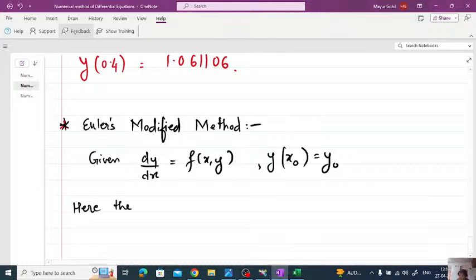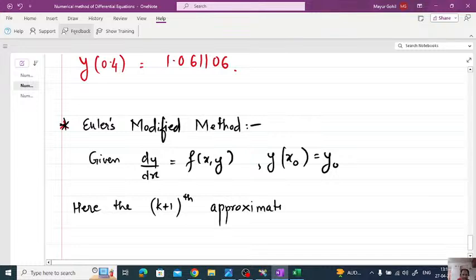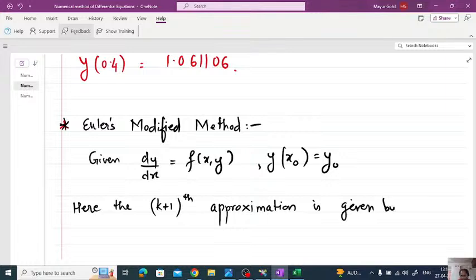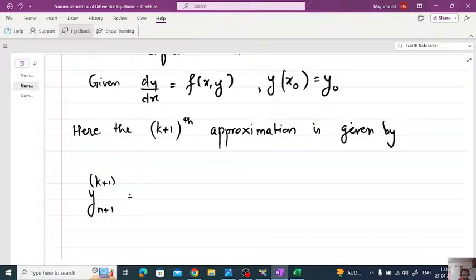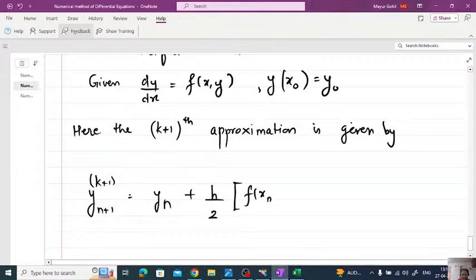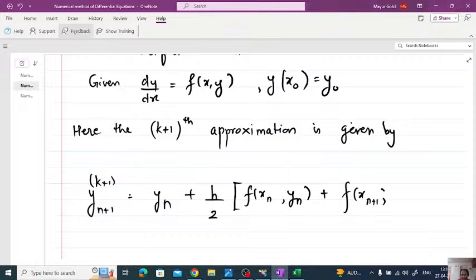The k plus 1th approximation is given by y(n+1) at (k+1)th approximation equals yn plus h by 2 times [f of xn, yn plus f of x(n+1), y(n+1) at kth approximation].